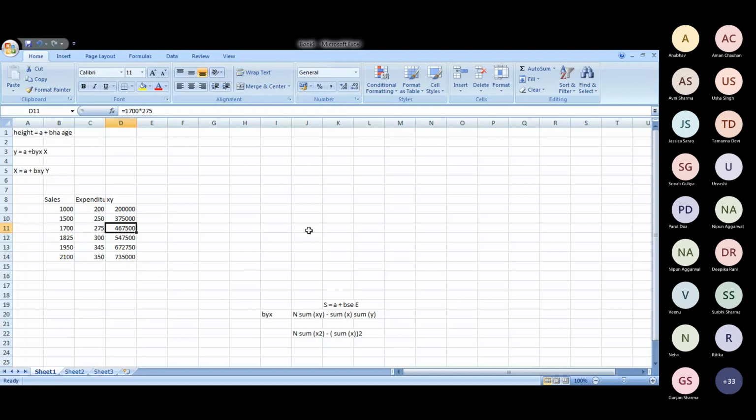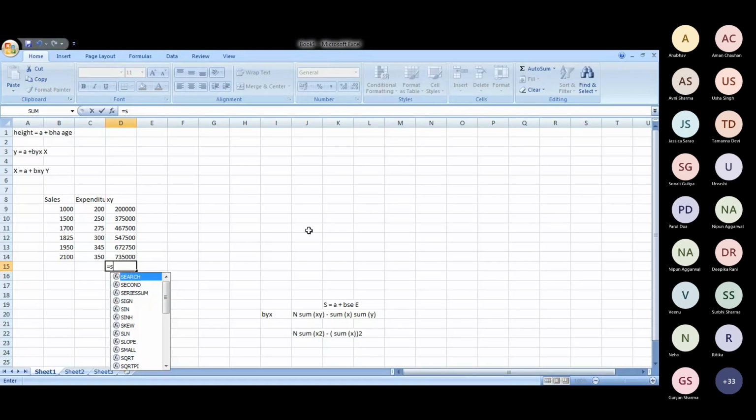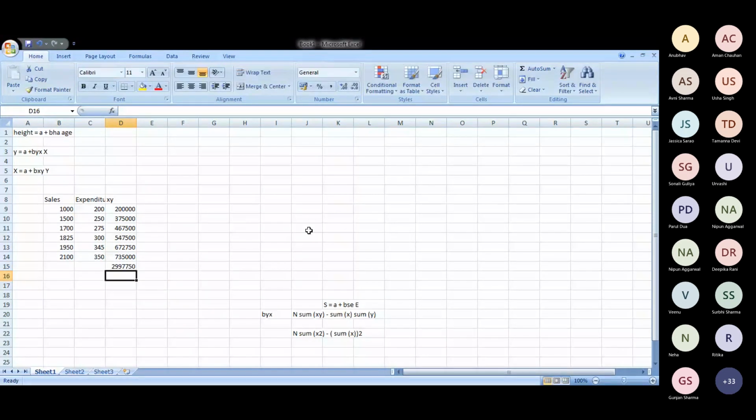So these are the values of the individual xy's, and then we can make the total sum of this. Here n is 6 and summation xy is 2,999,750. Then you have to find the value of summation x, so here we make the sum of this also.